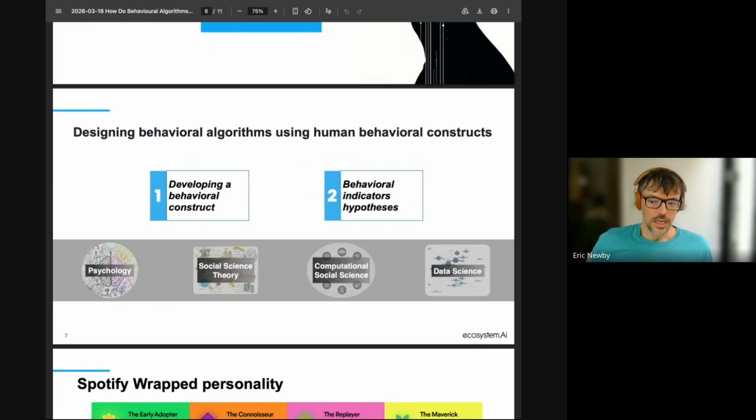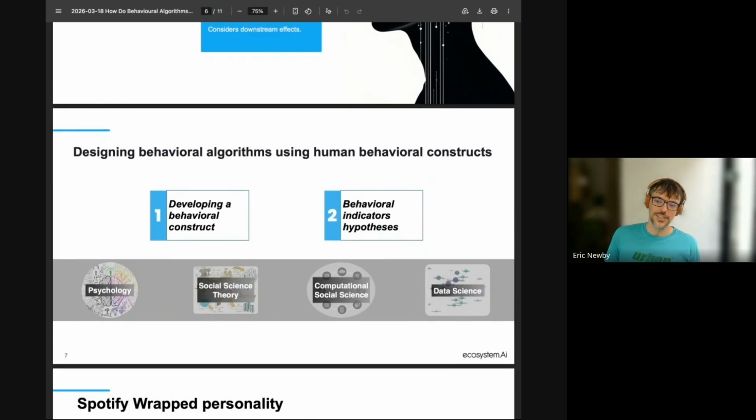So the way that those are built is, at a high level, there's kind of two steps. Basically, you would develop a behavioral construct, a social science type of hypothesis that we think will be reflective of how people behave in a specific context.